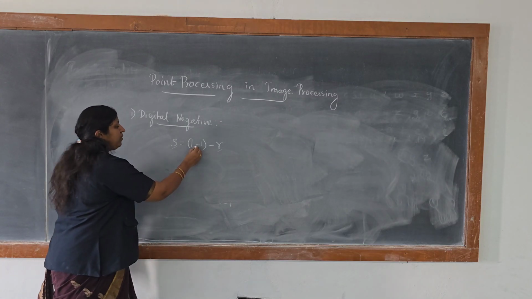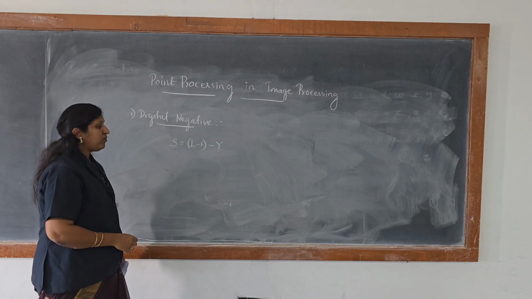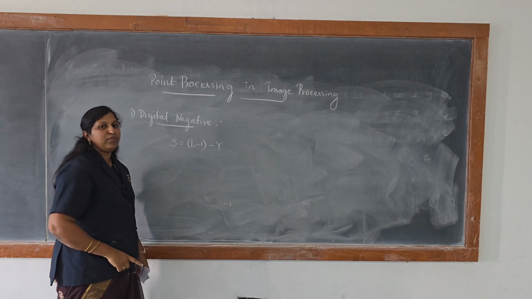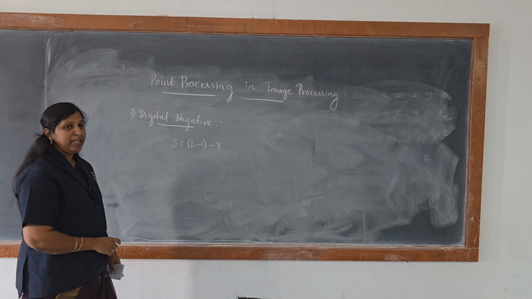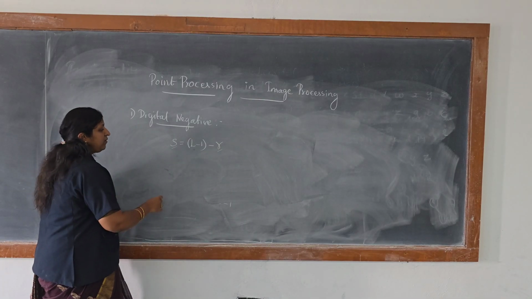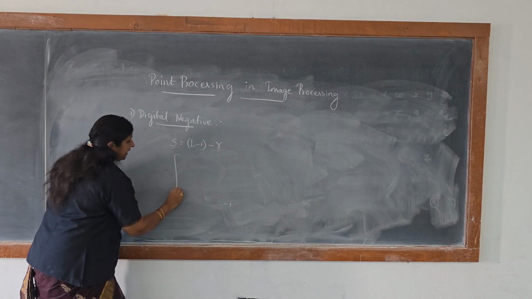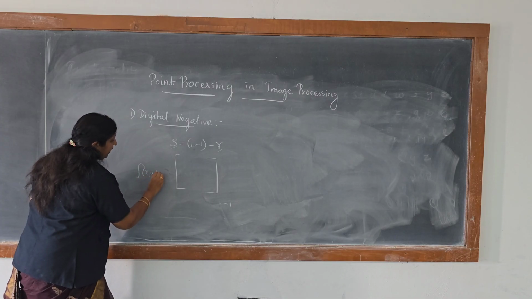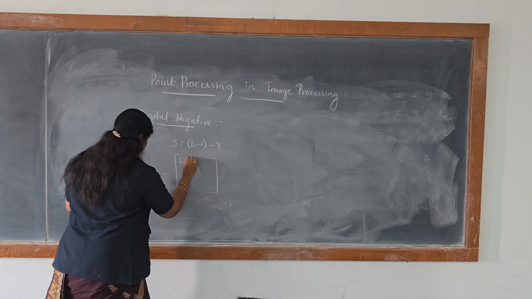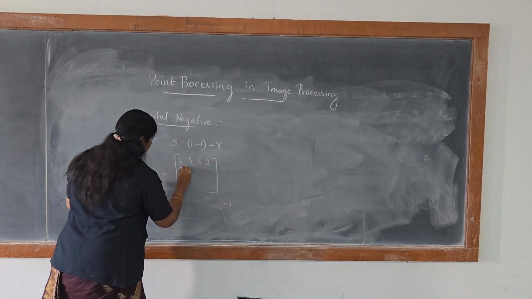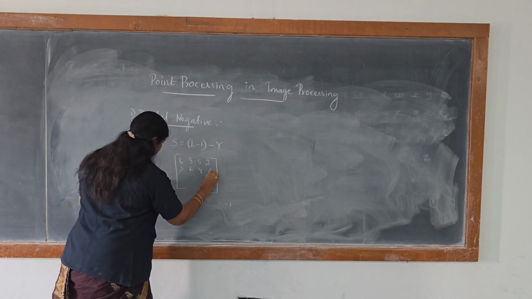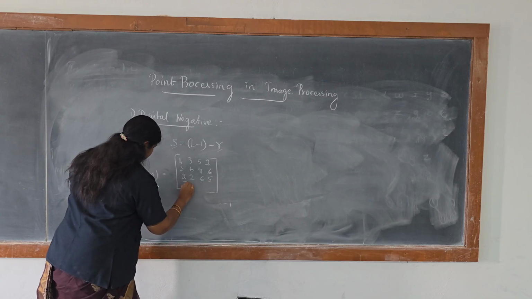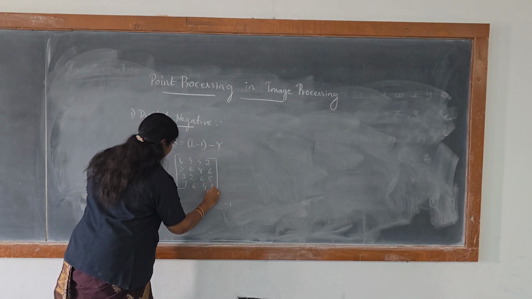Now we know what L is. We can calculate L if we know the maximum intensity value of the image matrix. Consider the same matrix again. F of x comma y: 4 3 5 2 3 6 4 6 2 2 6 5 and 7 6 4 1.